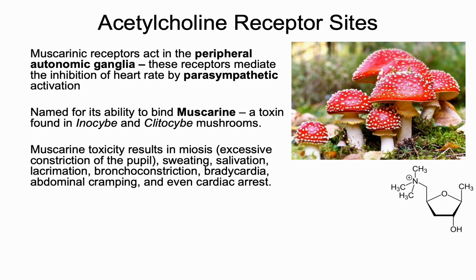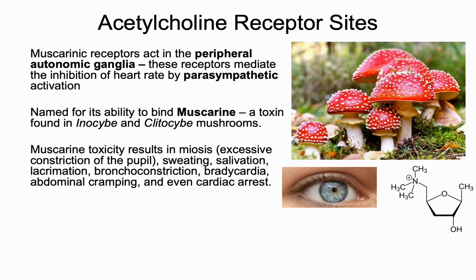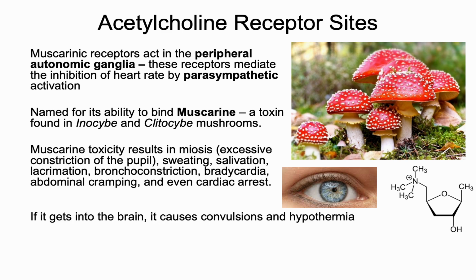And ingestion of the muscarine toxin results in a number of different effects, such as miosis, not the meiosis that's involved with cell division, but the miosis that means excessive constriction of the pupils, sweating, salivation, lacrimation, which is excess production of tears, bronchoconstriction, so this is the constriction of air pathways, bradycardia, the abnormally slow rate of your heartbeat, abdominal cramping, and it can even lead to cardiac arrest, so it can actually stop your heart.